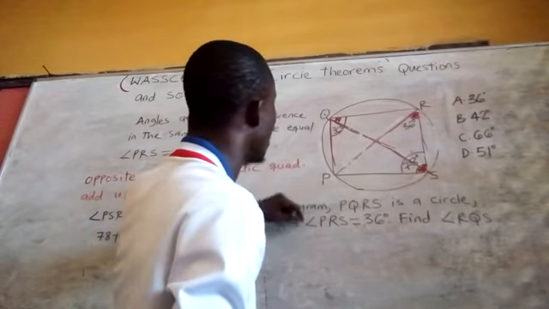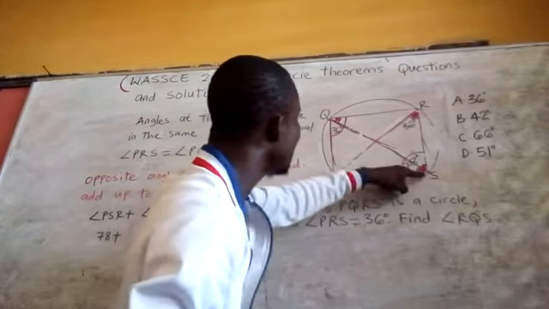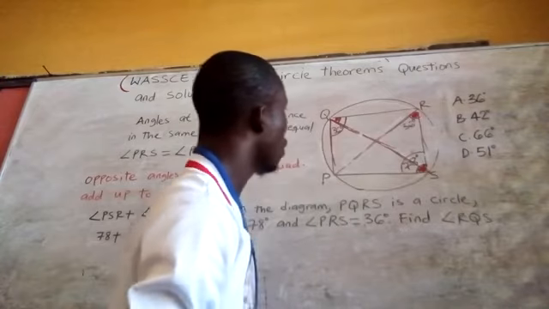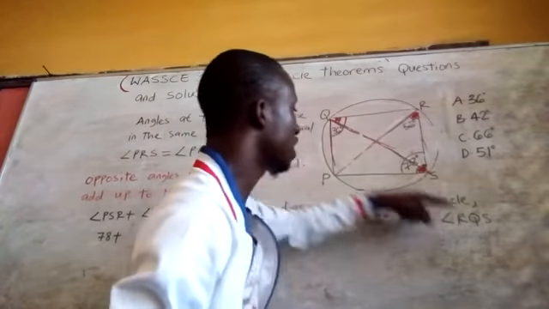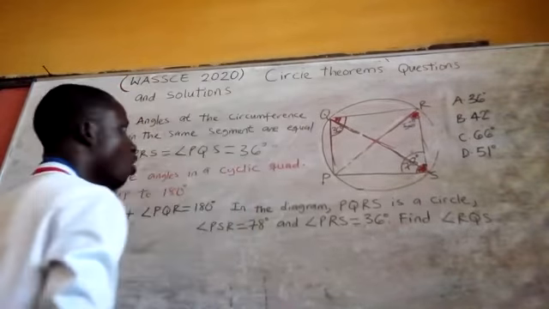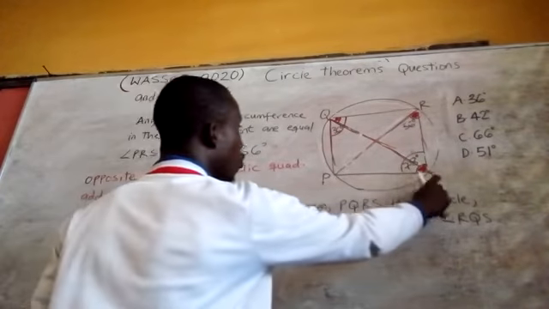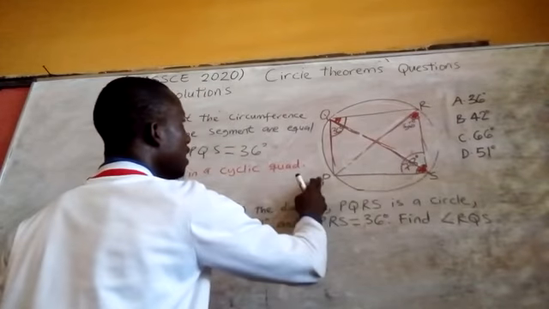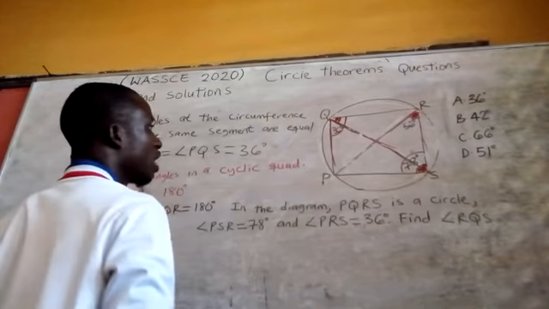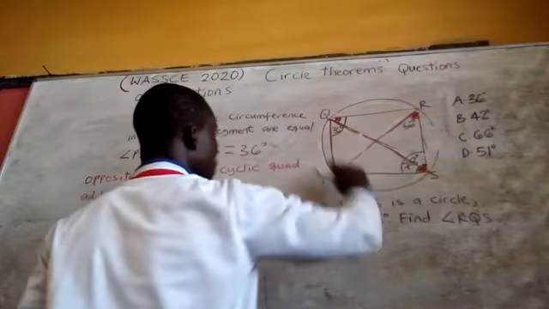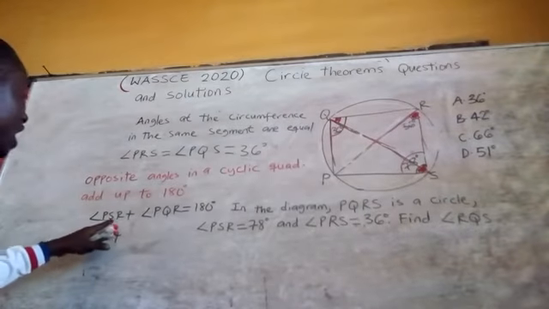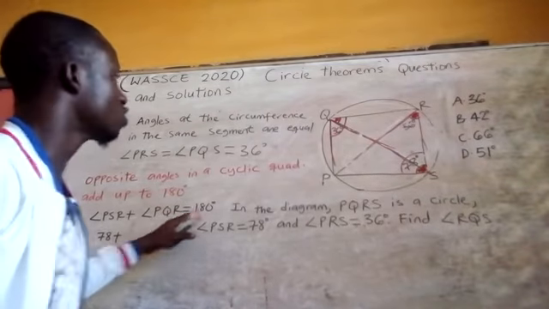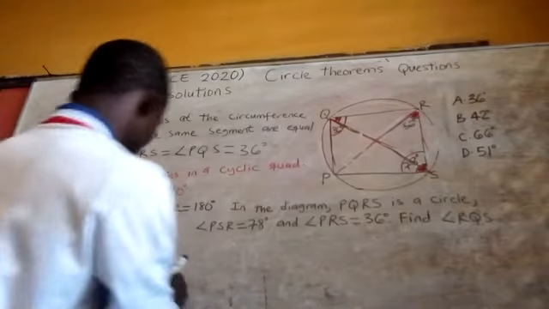It comprises of angle PQS and angle SQR, or we say angle RQS, the angle we are asked to find. So here angle PSR, which is 78 degrees, plus angle PQR comprises of the 36 degrees and the angle we are asked to find.